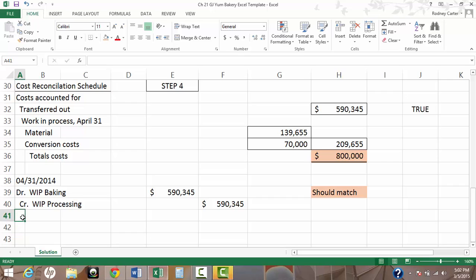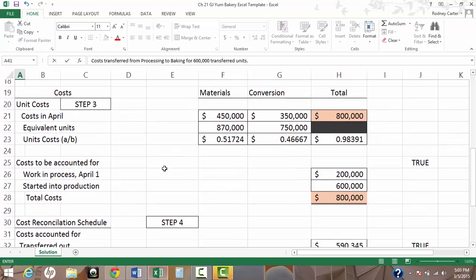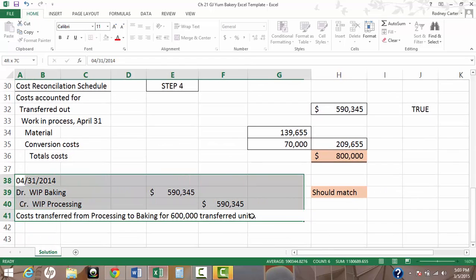Now, if I were to make a note to this, I would say costs transferred from processing to baking for 600,000 transferred units. This completes our production cost report and the journal entry required to move these costs to the next WIP department or eventually to finished goods. This concludes the problem.